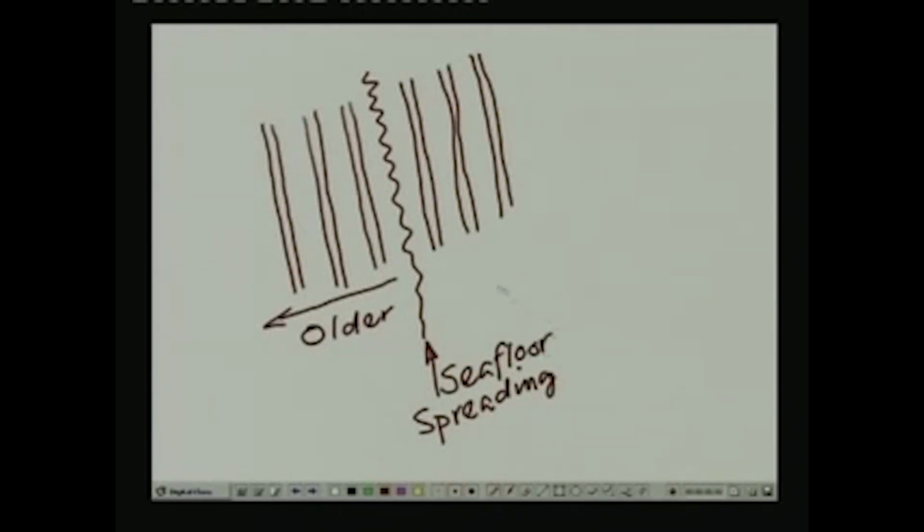So what it is, actually, if you go on either side of the spreading center on the line where the sea floor is spreading apart, you will see what geologists found in the 1950s: that the sea floor becomes older as you move apart from the center of sea floor spreading.